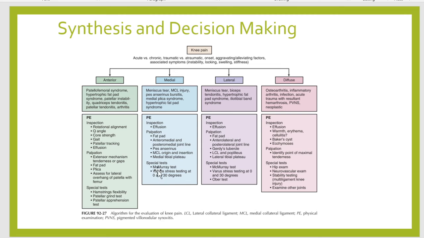Right? The special tests are the same, like McMurray. Here, the stress is valgus for medial and varus for lateral, but they are otherwise similar. When you say diffuse, the pain is spread out and not in one area of the knee. So if it is diffuse, you should consider the hip exam because it might be referred pain coming from the hip.